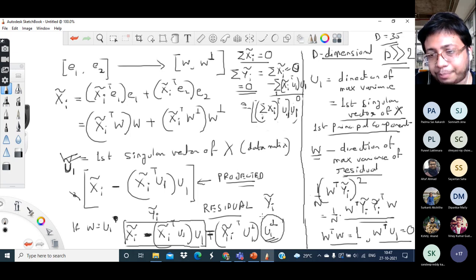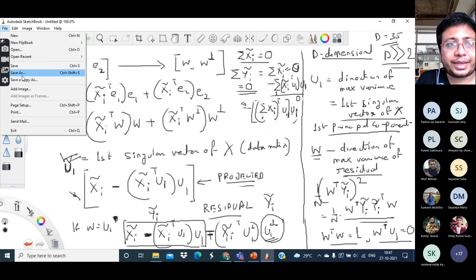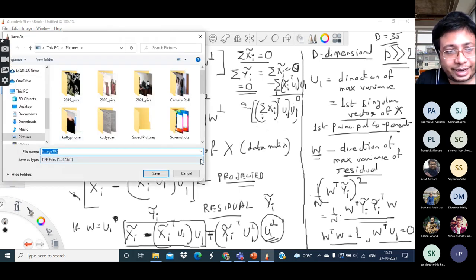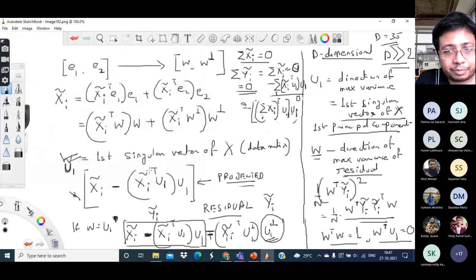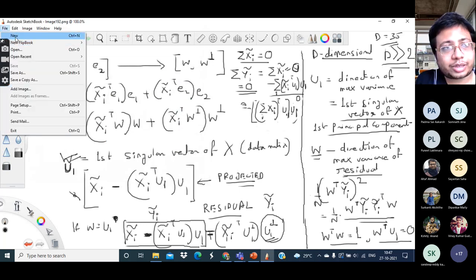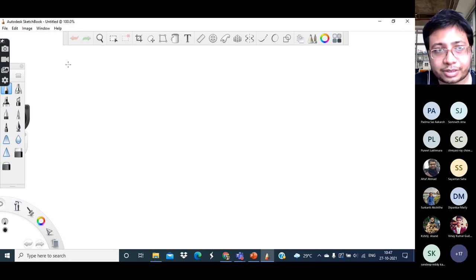And what is u1 perp? u1 perp is basically a subspace which is orthogonal to u1. So whatever vector W is, it has to be perpendicular to u1. So this is an additional constraint. Now, in such a situation, what do we have to do? We just replicate the steps which we had taken last time. That is to say, we bring in our Lagrange multipliers.